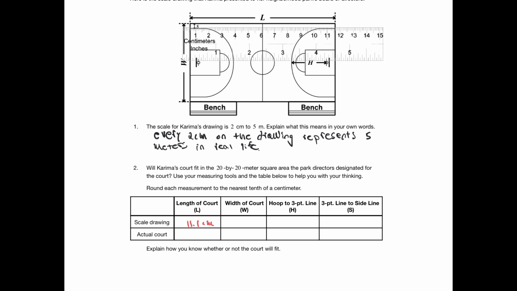And then when I've done all of these dimensions, I'm going to figure out what the actual length of the court will be. I know that every 2 centimeters is 5 meters in real life. So what I'm doing is I'm doing the math. I'll just do the math down here.